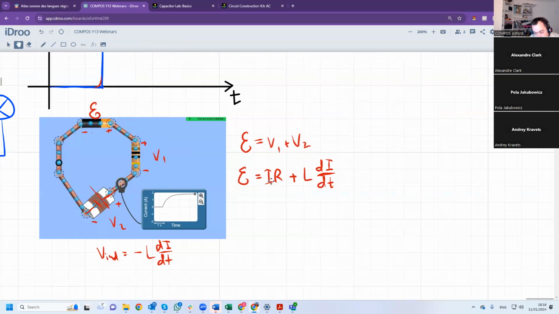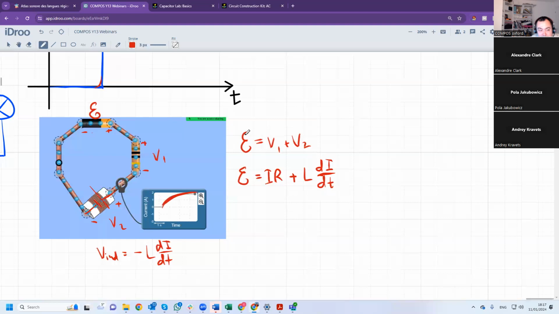Sometimes you will have a complicated circuit and it would be difficult to figure out whether you need a plus or a minus. L is positive, of course, because that's the inductance, and di/dt is also positive because the change is positive, so it's increasing.